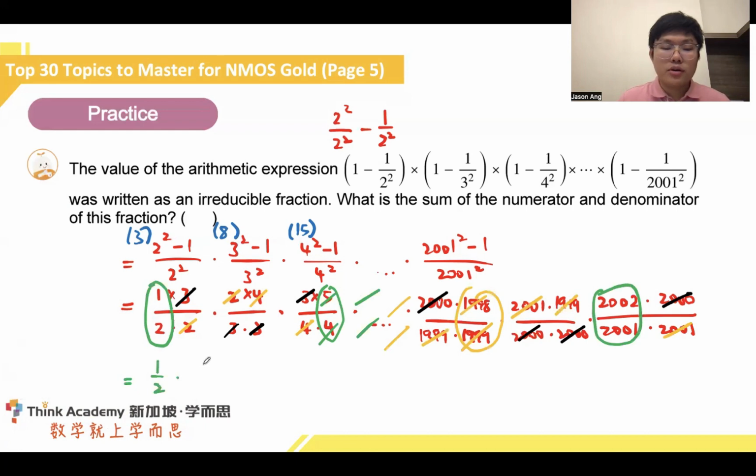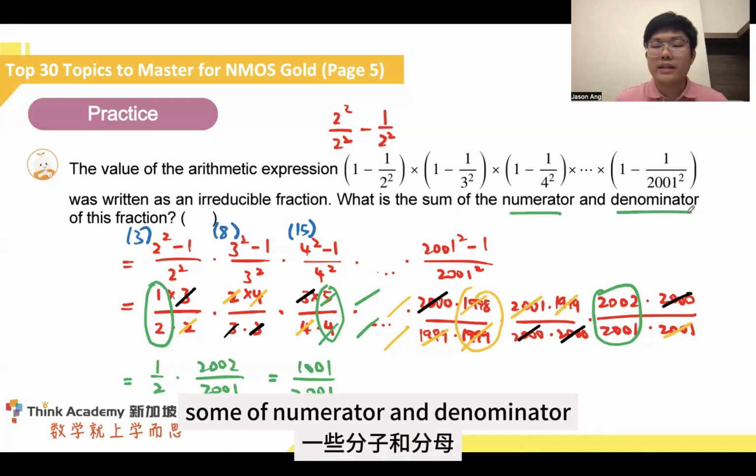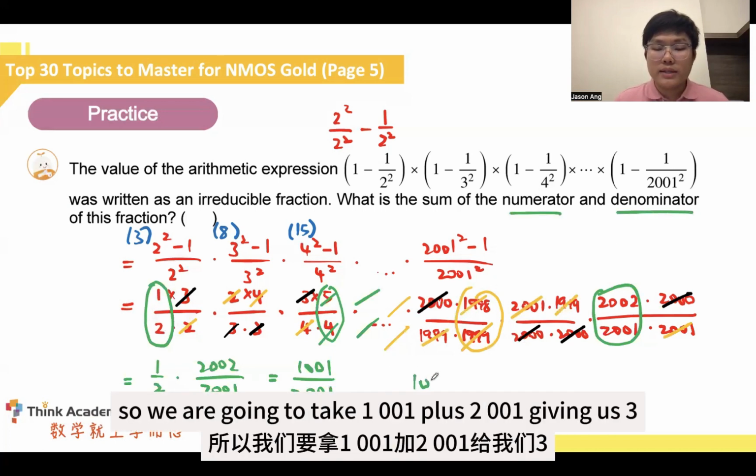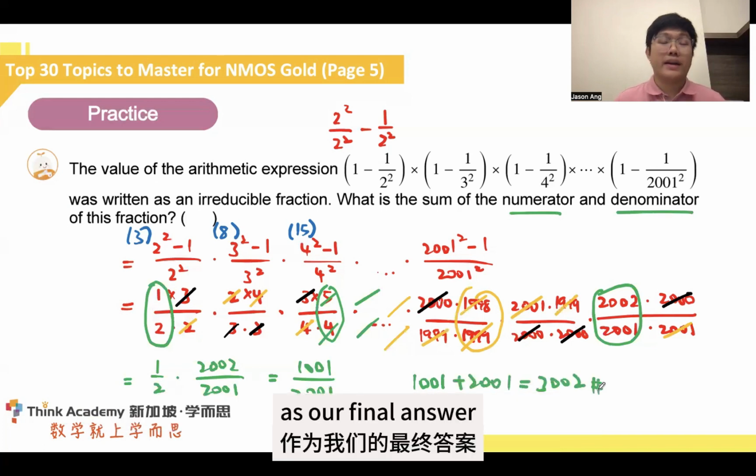Half times 2002 over 2001, and we simplify it to 1001 over 2001. But again, take note of what the question stated: sum of numerator and denominator. So we take 1001 plus 2001, giving us 3002 as our final answer.